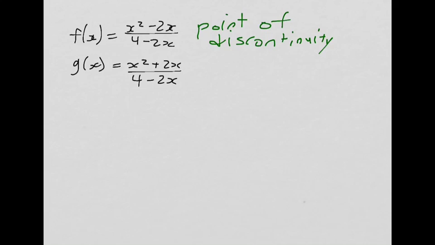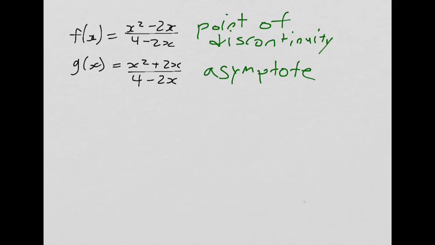That's where it's no longer continuous because there's a break in the graph. It's no longer one continuous smooth line. And this one has an asymptote. And the question is, why are they different? Why does that plus and that minus make that big difference?